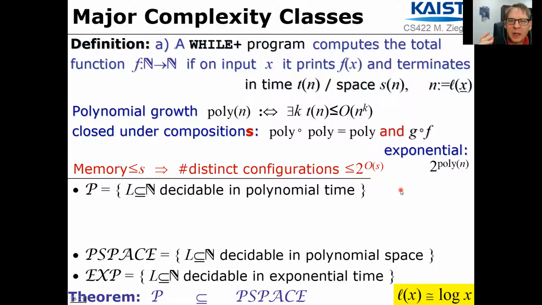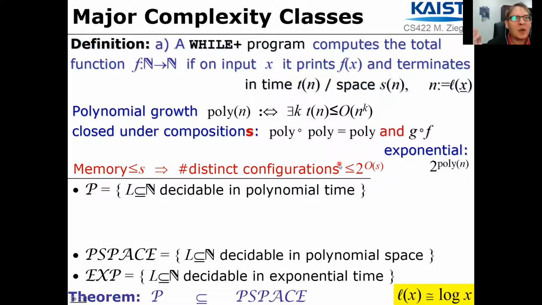Let's discuss that: with S bits, every single memory cell having at most S bits means it can have at most 2 to the S different values, right? Every bit can have 2 possible values, 0 or 1. So S bits can have at most 2 to the S different values.